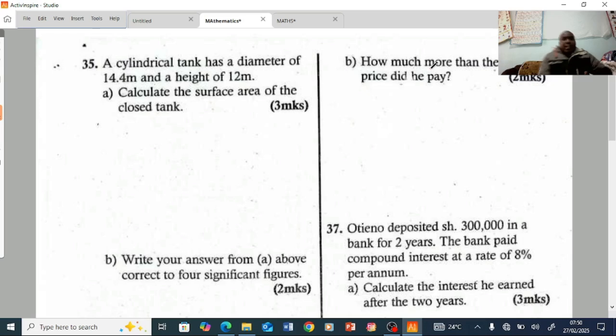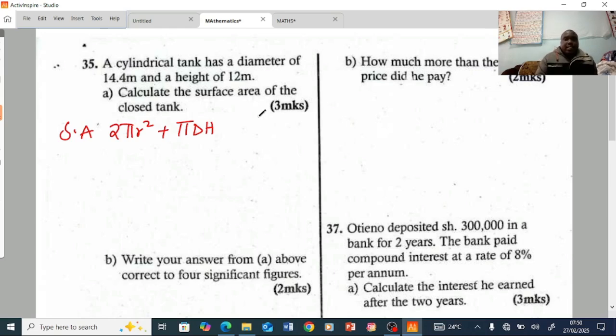Number 35. A cylindrical tank has a diameter of 14.4 and a height of 12 meters. Calculate the surface area of the closed tank. If the tank is closed, then the formula for the surface area of a closed cylindrical tank will be 2 pi r squared plus pi d h.